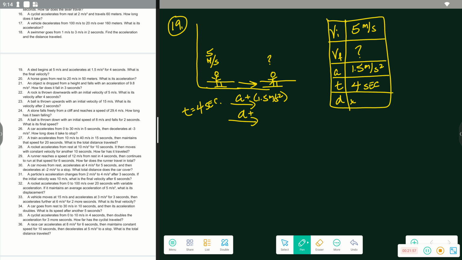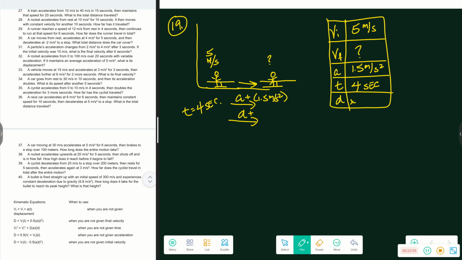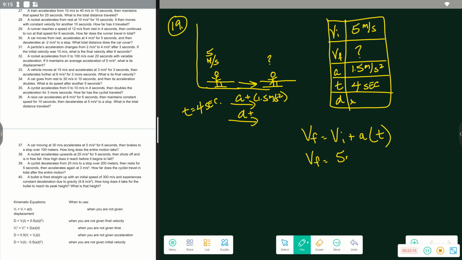Okay, so what are you solving for? You're solving for the final velocity. You don't have displacement, so what are you going to use? Easiest one, VF equals VI plus A times T. Okay, so VF equals 5 meters per second plus 1.5 times 4.